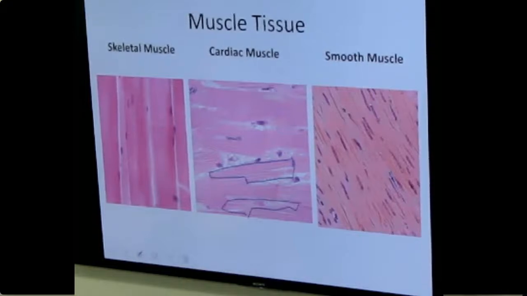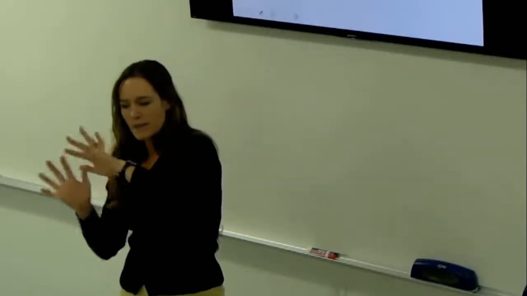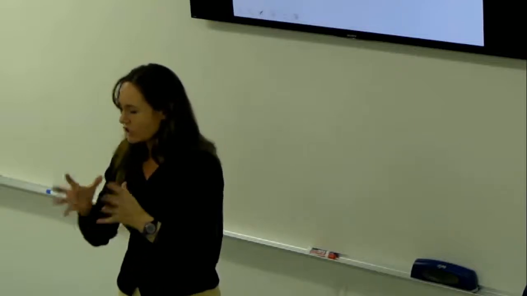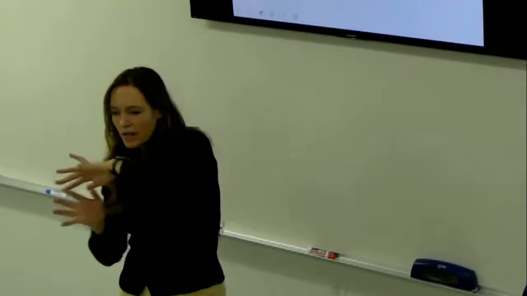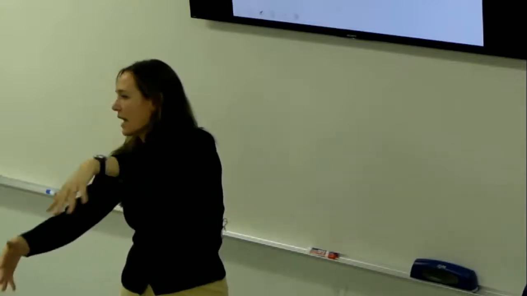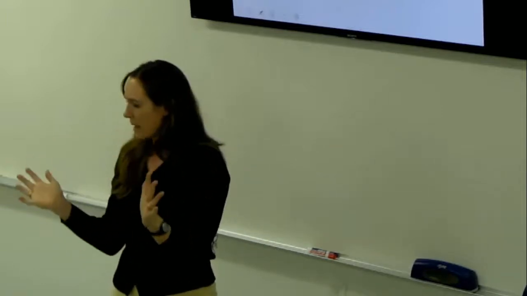They tend to be more branched. They're shorter and stumpier, but they're branched because they're going around to form the shape of the heart. They have this three-dimensional structure they have to form. So they're wrapping around, and little sections of the cells go out to attach to other cells. So they tend to be shorter, but branched.